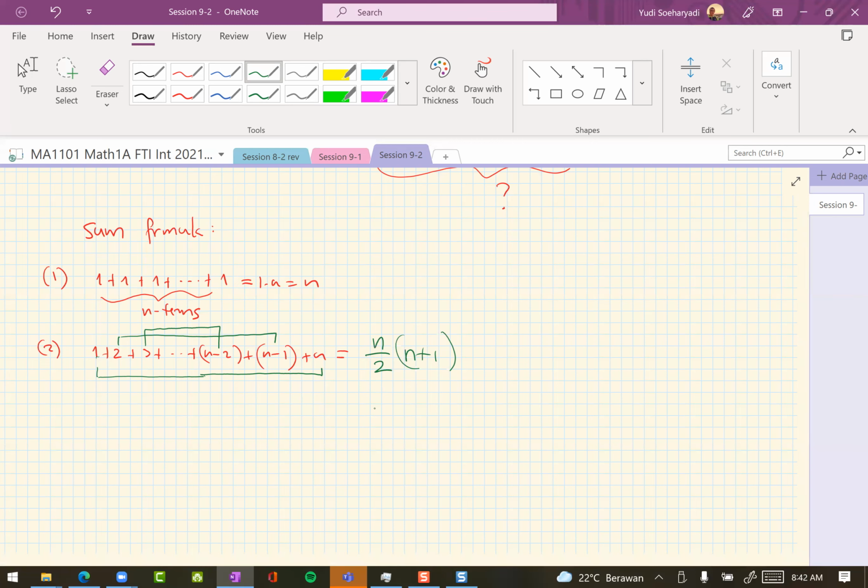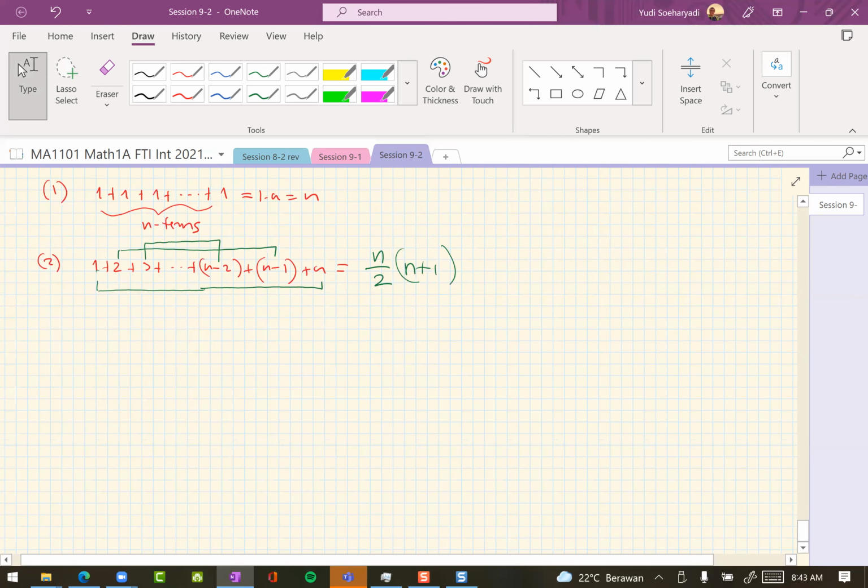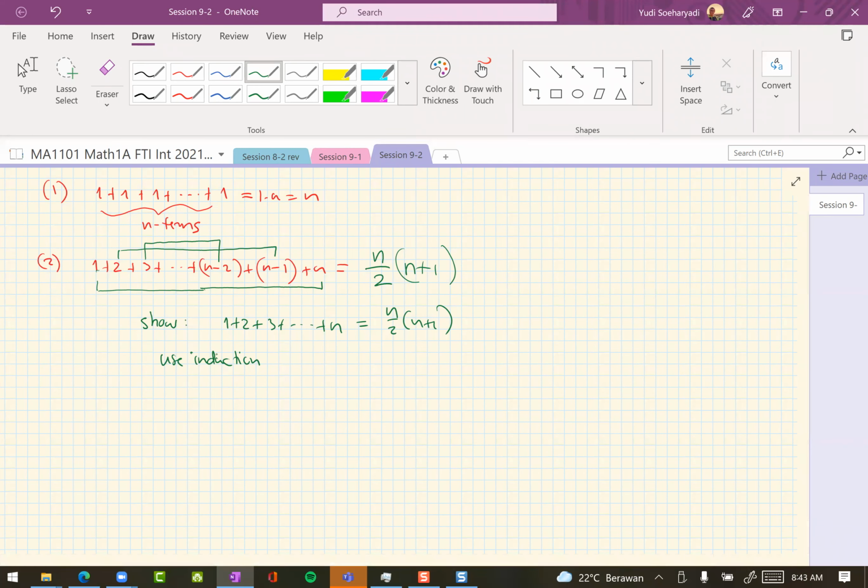Okay, you can check using induction. Show that this is true. What is induction? Remember that you probably learned this even before high school, in junior high.